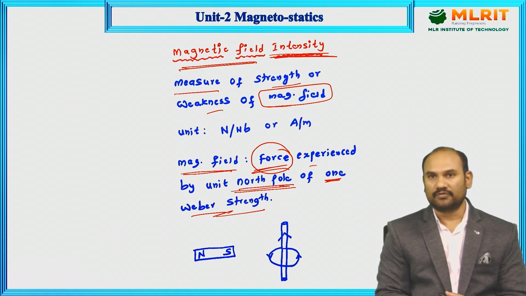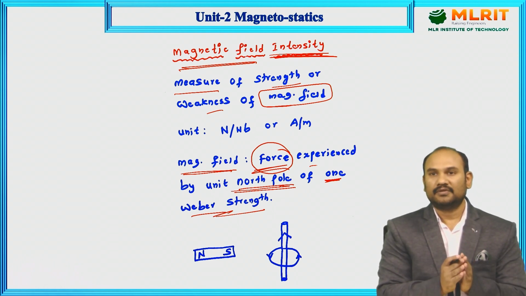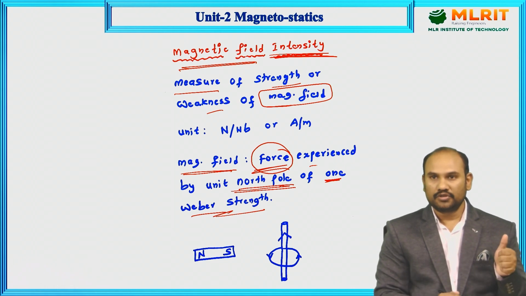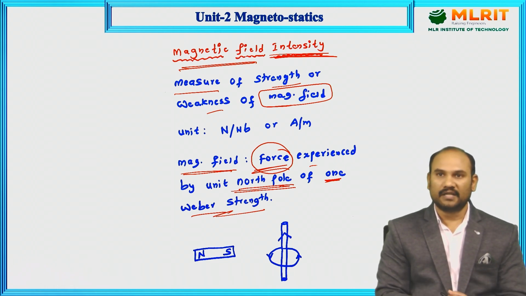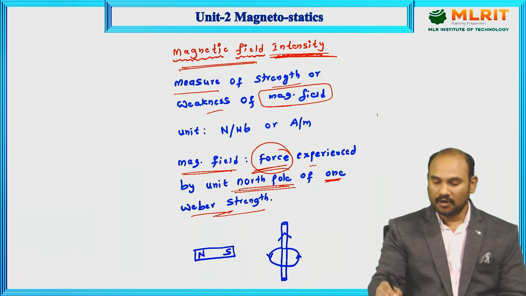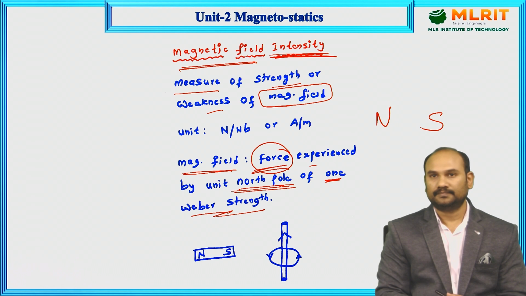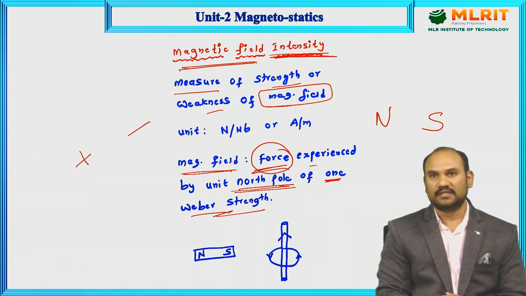Because in electrostatics, we have duals, positive electric charge and negative electric charge. But this is magnetostatics. Instead of positive and negative, here we have north pole and south pole, whereas in electrostatics, we have positive charge and negative charge. That's the difference between unit 1 and unit 2.